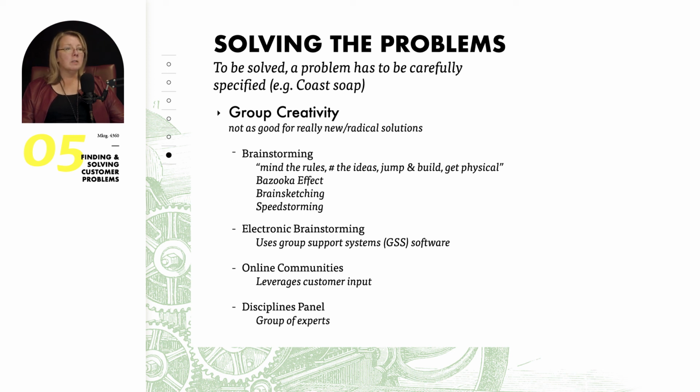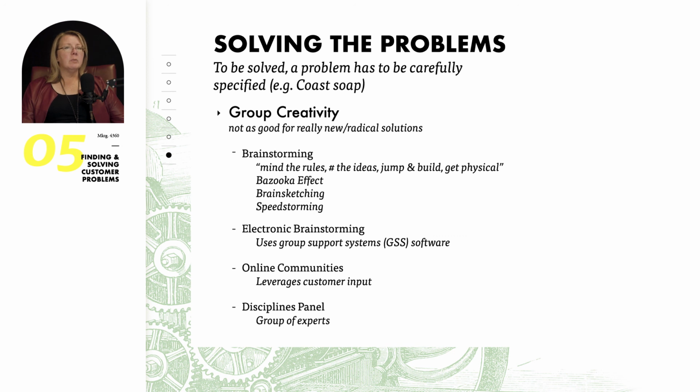So I've just kind of listed the main ones here that marketers are using: brainstorming, electronic brainstorming, leveraging online communities, and then a disciplines panel, which is a group of experts that you would call together. Brainstorming is a technique that's almost commonplace anymore. We just talk about brainstorming like it's every day many times.